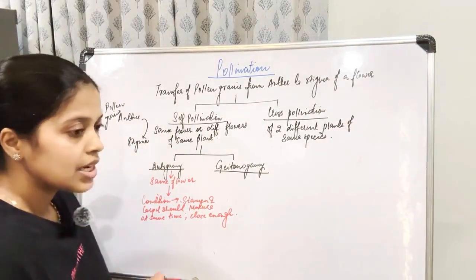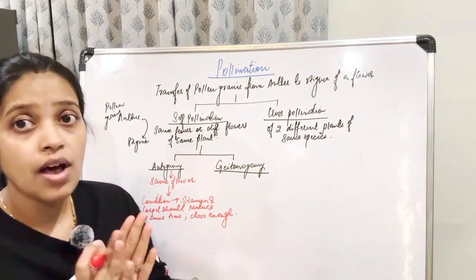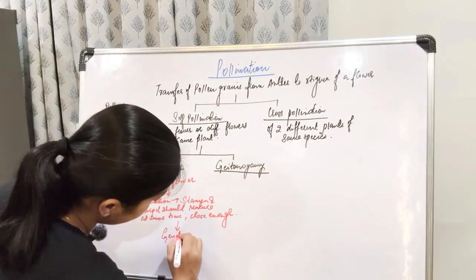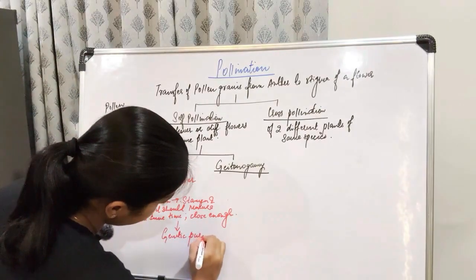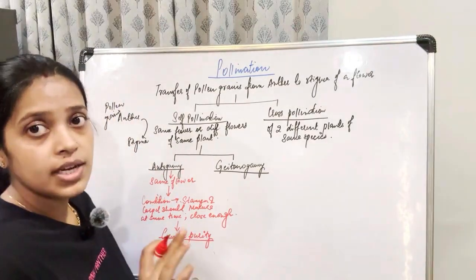Okay, since the pollination is occurring within the same flower, it creates a genetic purity. There is no variation, okay, genetic purity.